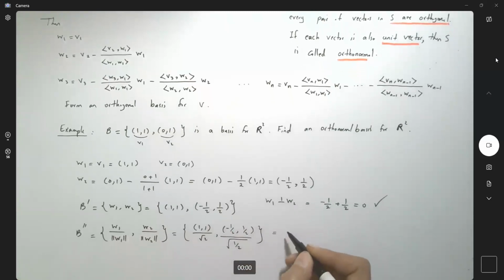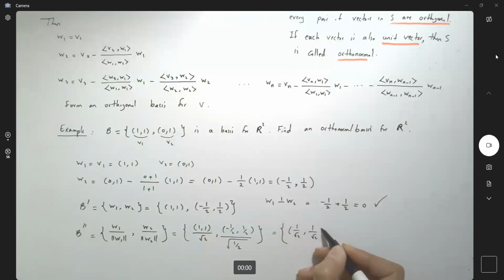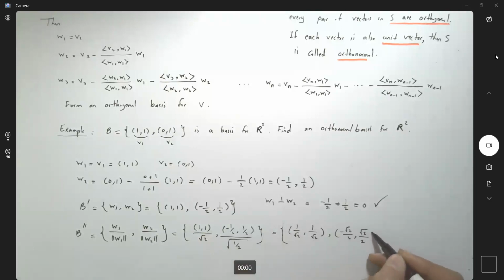You get these two vectors that are both normal and they form a basis for the plane. So basically you have (1 over square root of 2, 1 over square root of 2), and then you can just flip this. You get (negative square root of 2 over 2, square root of 2 over 2).